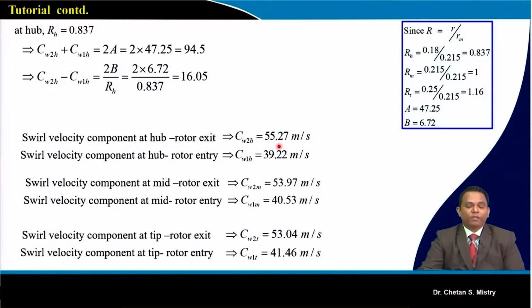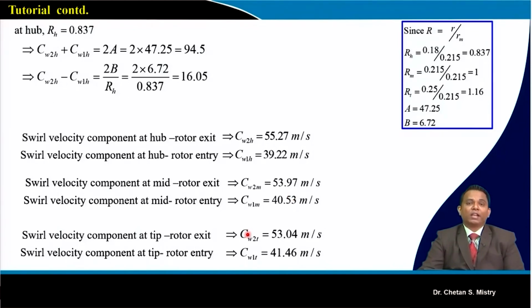At hub at the exit we are getting 55.27 meter per second, and at the entry our work component is 39.22 meter per second. For mid station at the exit we get 53.97 meter per second, and at the entry we get 40.53 meter per second.